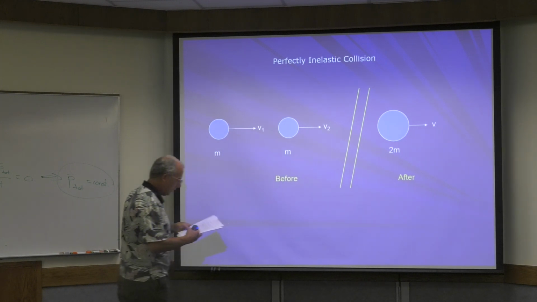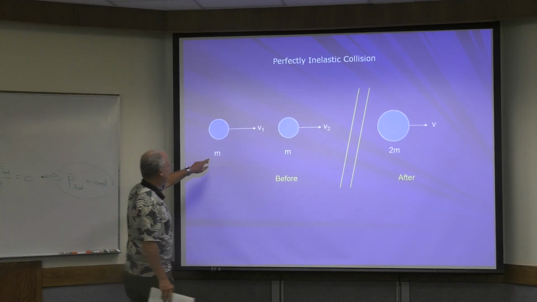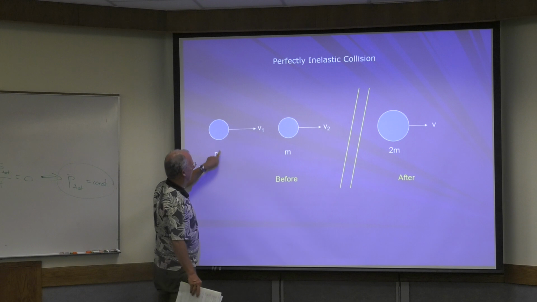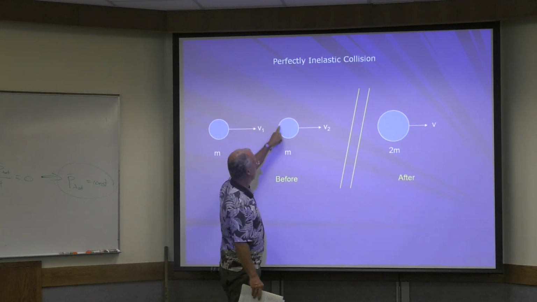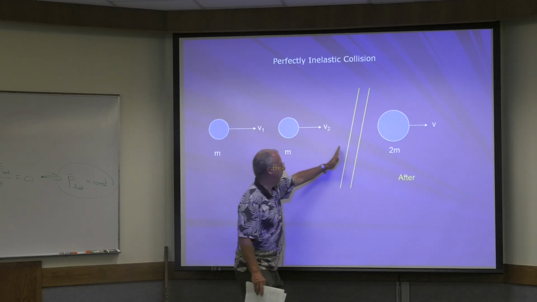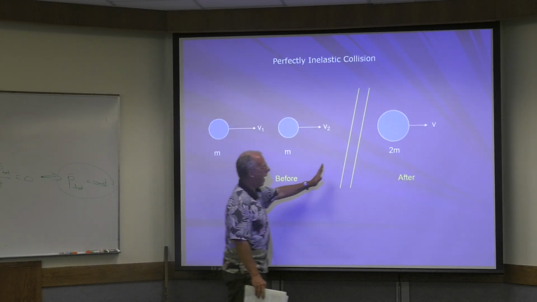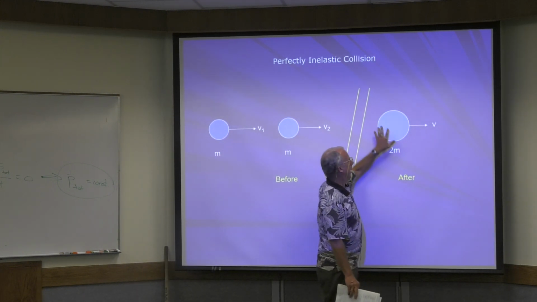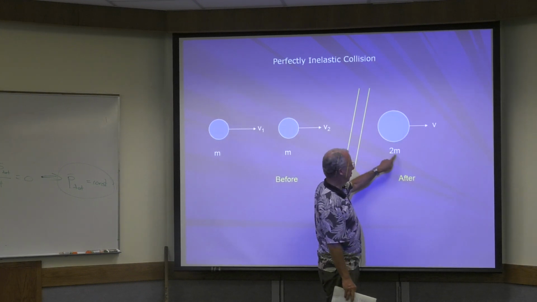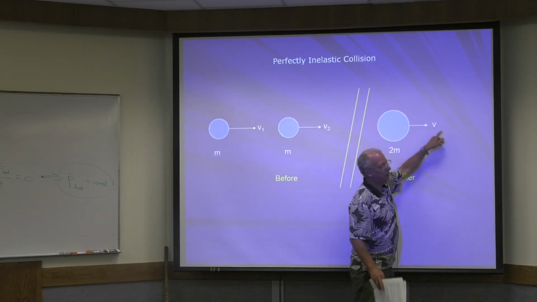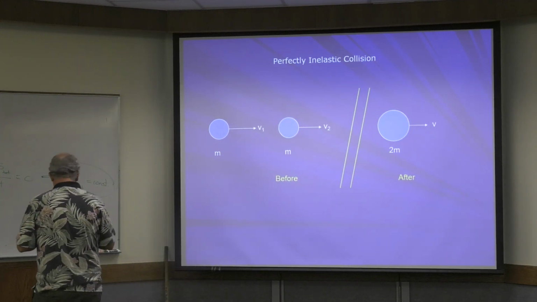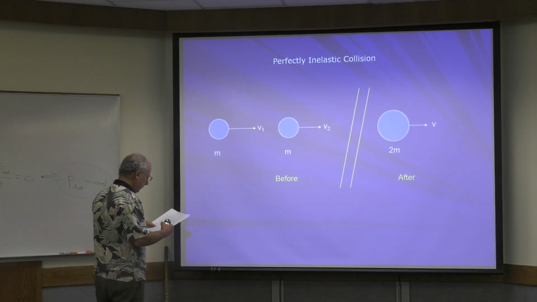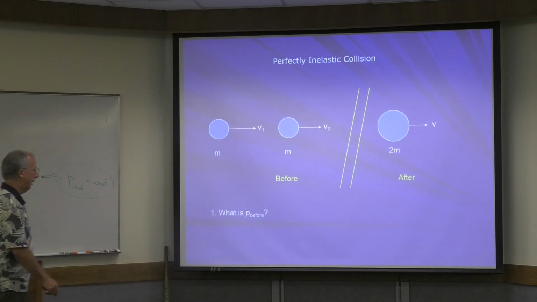Okay, so here's just an example. So this is a sphere with mass m, v1, hits a sphere, mass m, going at v2. So this is before the collision. This is after the collision. And again, they're joined, so they have mass of 2m, and they have some velocity v, okay? And here's the question: what is p before?